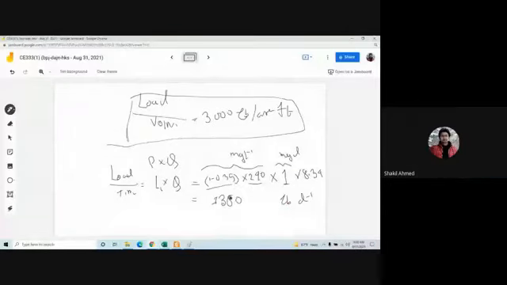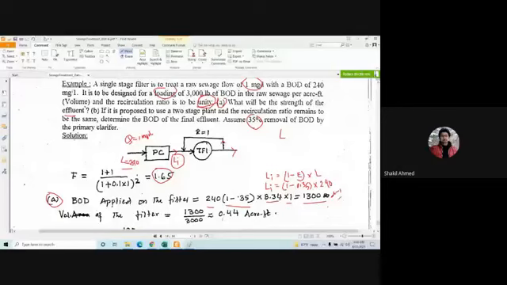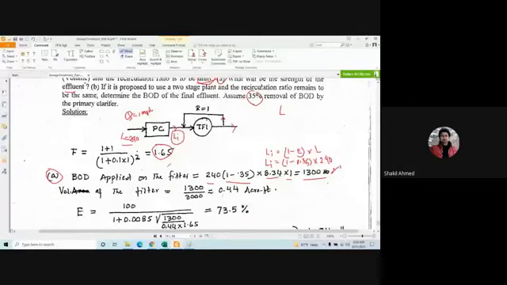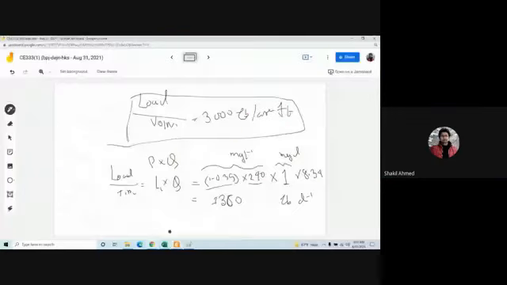Let's say 1300 pound per day. Actually, we didn't write the day explicitly. Okay, clear?